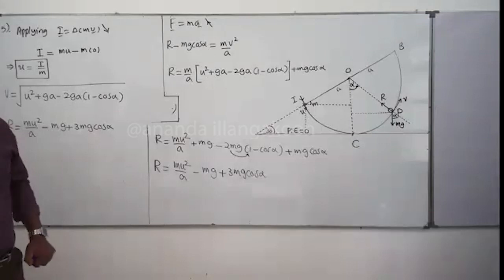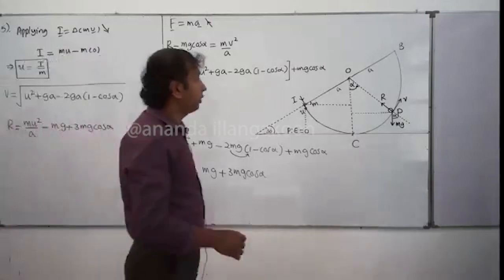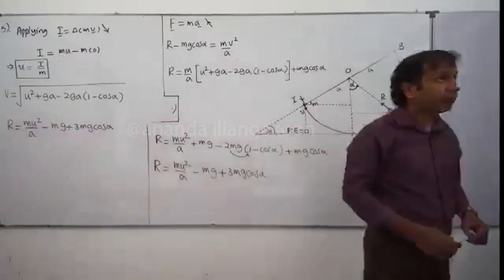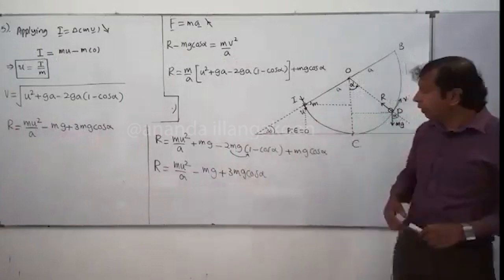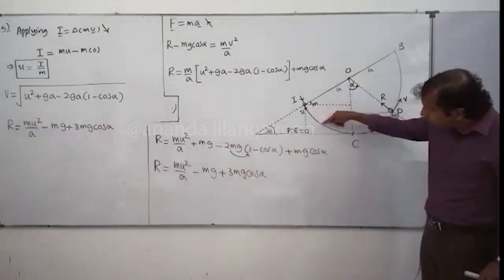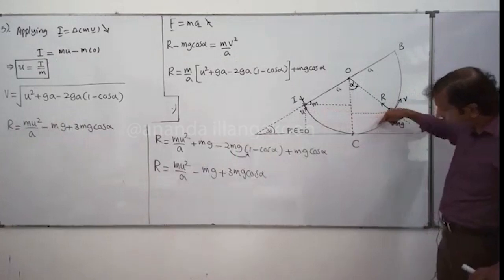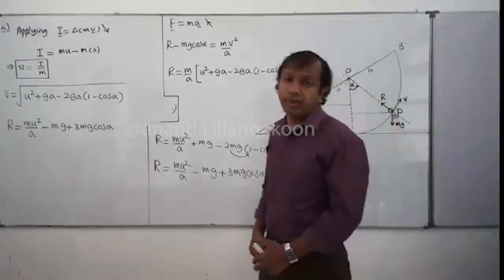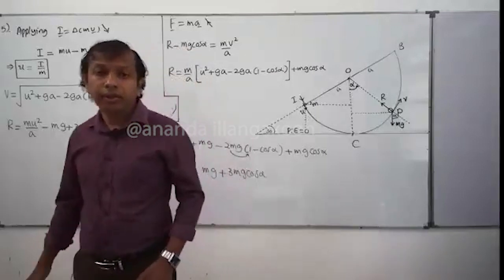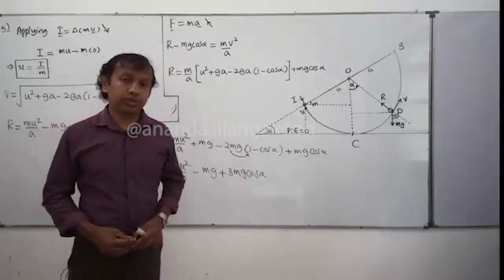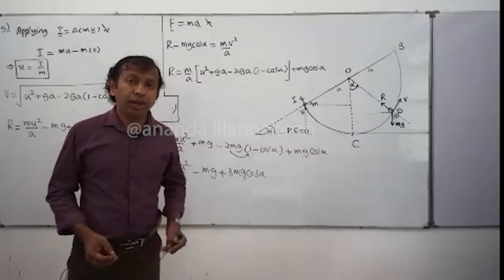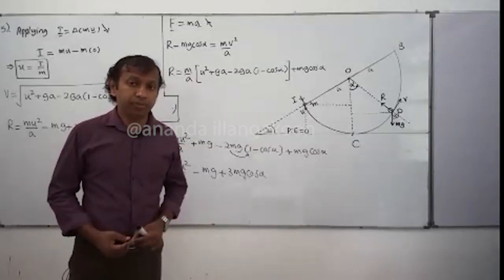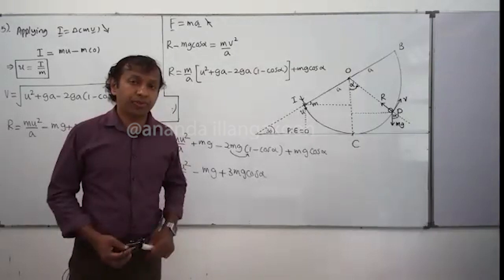The third question is asking, people, if the particle travels up to the point B. That means the particle is now moving like this. If necessary, the particle can leave the surface of the ball and begin to move as a projectile motion under gravity.